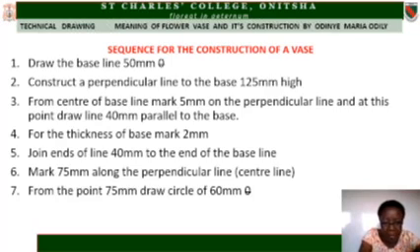For the thickness of the vase, measure 2 millimeters. 5. Join the ends of the line 40 millimeters to the end of the baseline. 6. Mark 75 millimeters along the perpendicular line, that's the center. 7. From the point of 75 millimeters, draw a circle 60 millimeters diameter.